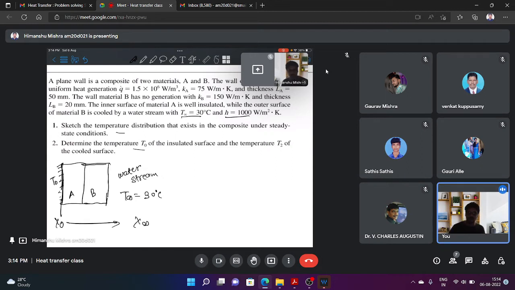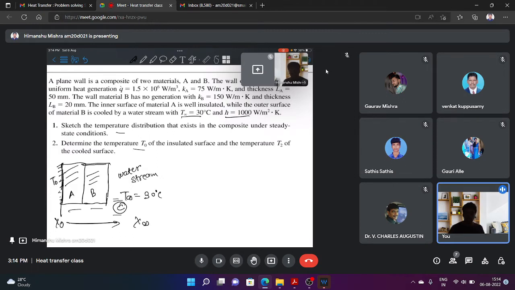For the temperature distribution, in this wall we have heat generation, and in this wall we have only heat conduction. And let's say at region C, we have a heat convection problem. So the temperature distribution in all three regions A, B, C will be different.